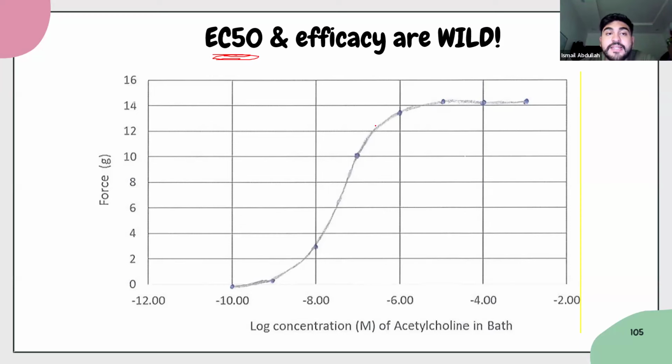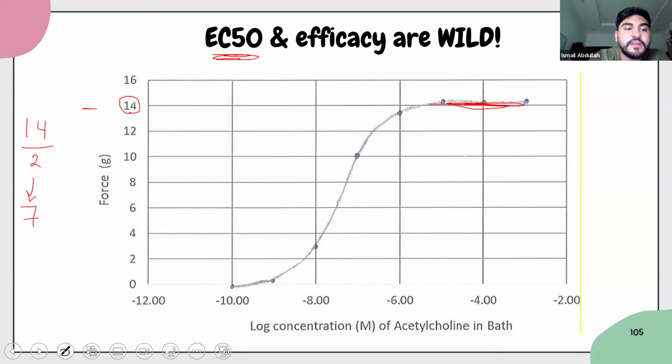First, I'm going to look at the maximal force. What's the maximal force here? It's going to be 14. This is the maximal force. How do I know this? This is where the curve became stationary. It's not going up, not going down. Then it's 14, right? What I'm going to do is take half of it, and that's going to be 7.